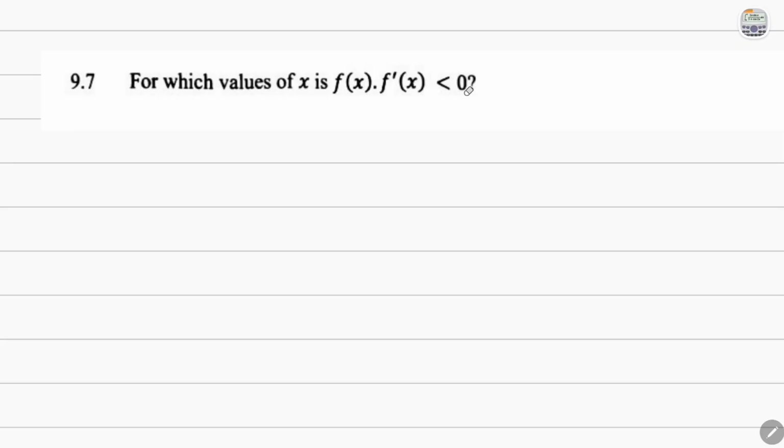If we want to get negative values here, we can either look for places where f of x is positive, and then we multiply it by f prime of x, which is negative, then you would get a negative value, a value less than 0. We could also look for places where f of x is negative, multiplied by positive values of f prime of x, and then we would also get a negative value.